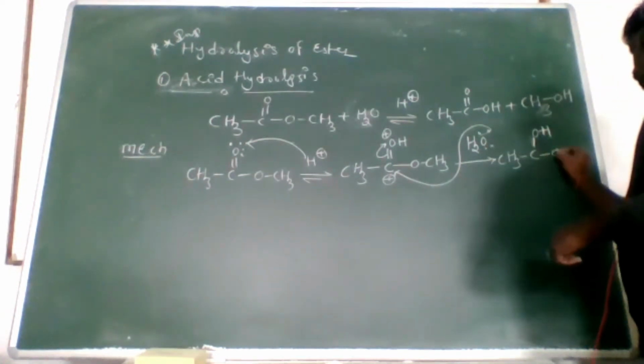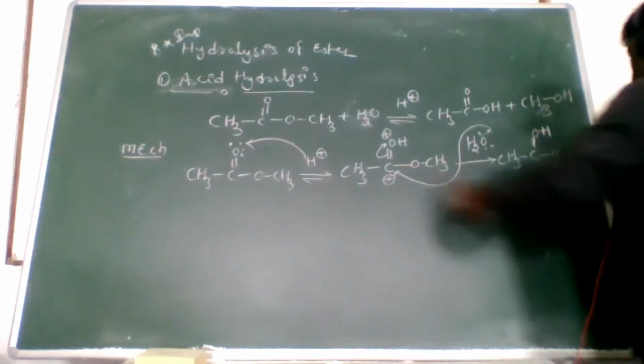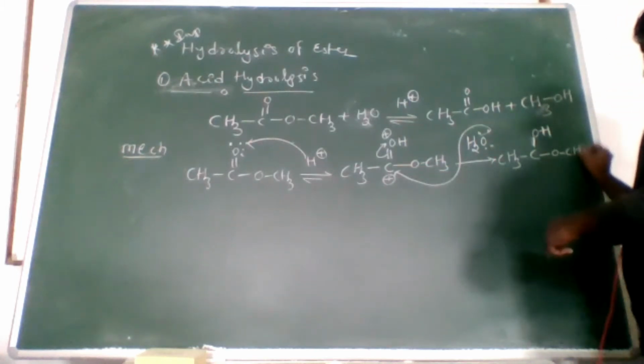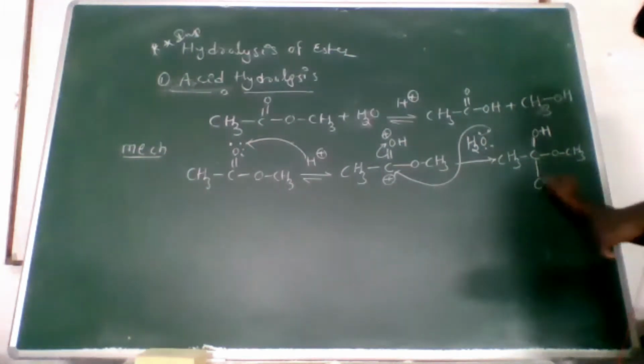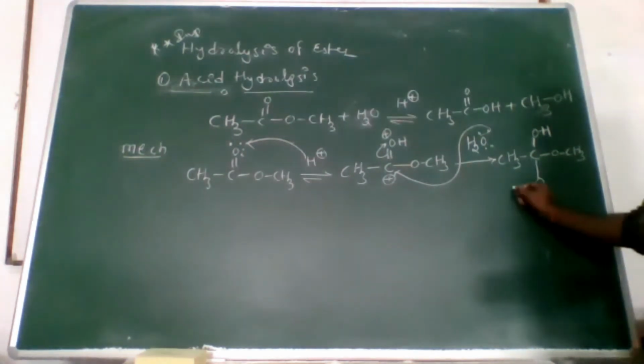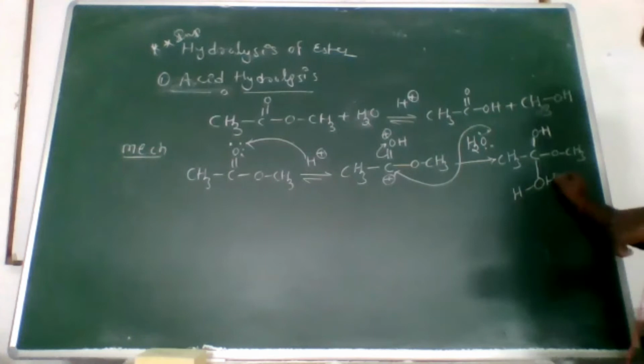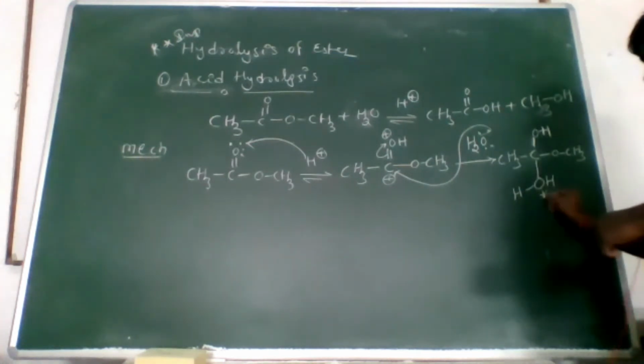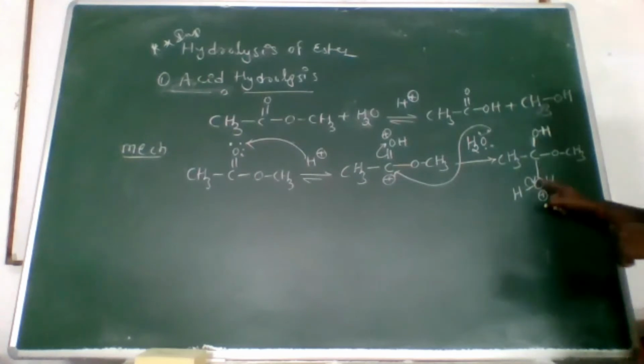Now what is there here? The water molecule is bonding with the carbon. Yes, bonding with the carbon. Here is the oxygen, and I am writing one hydrogen separately. The oxygen here becomes positive, so now it gives the electrons to the oxygen.